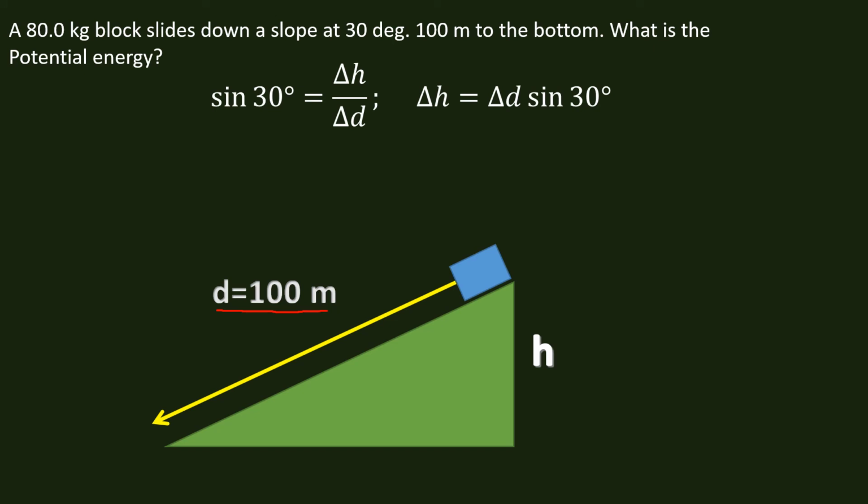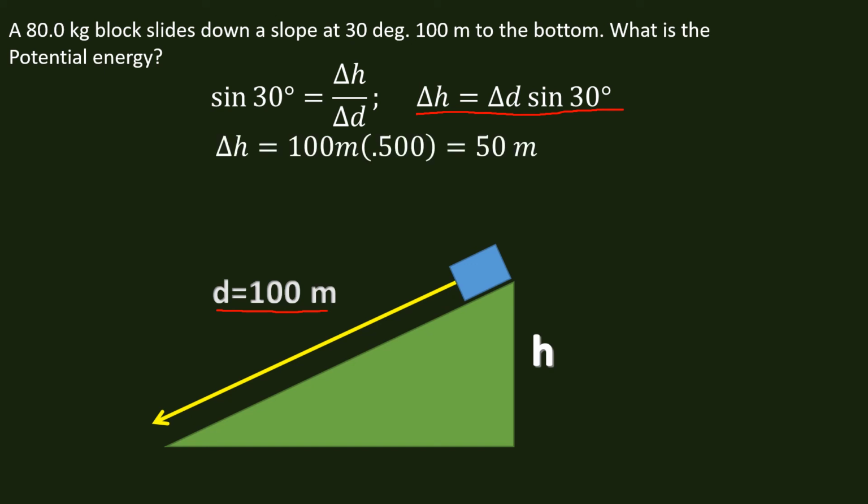Okay, so the first thing we need to do, we know we have a triangle here, and this distance is the hypotenuse. So we can set up sine 30 degrees is equal to delta h, which is the y, over delta d, which is the hypotenuse. And this way we have an equation that we can use later on to figure out this problem.